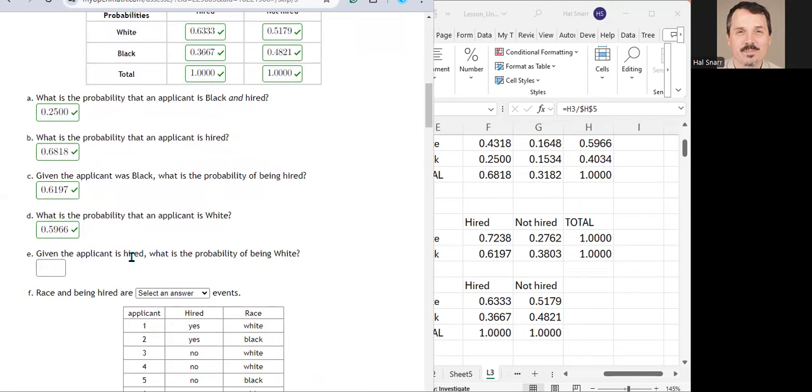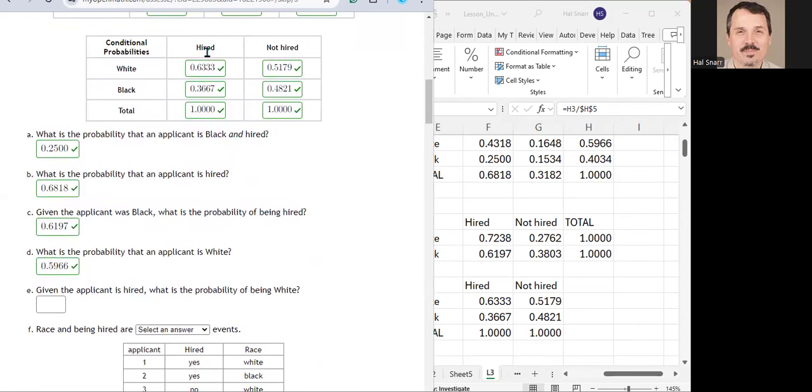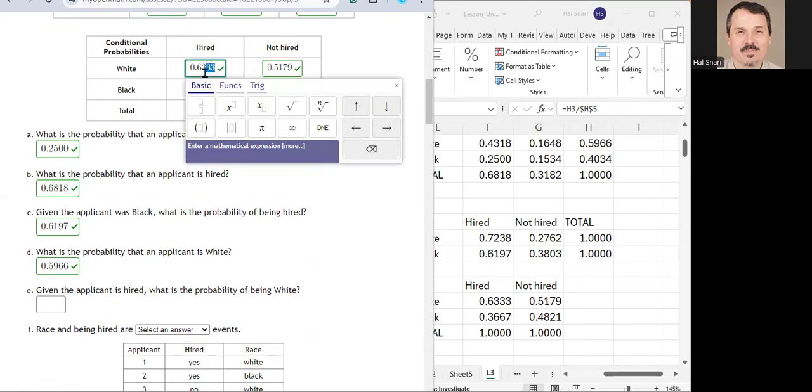Now, given the applicant is hired, what is the probability of being white? We're going to get that from this one, right? The total here is under the hired column. So these are the probabilities of white or black given the person was hired. So given the person was hired, what is the probability of being white? Well, that's this value.